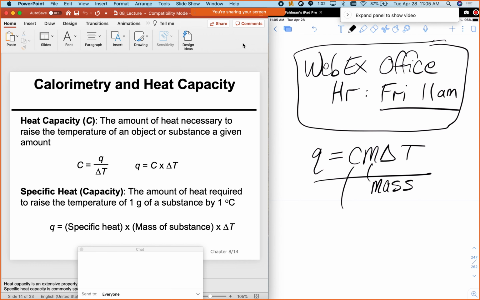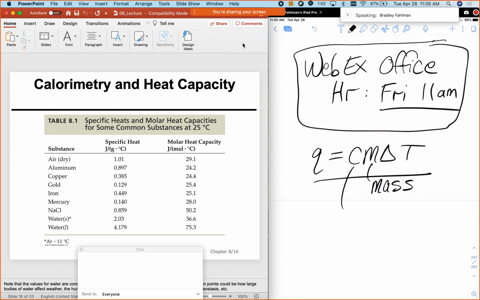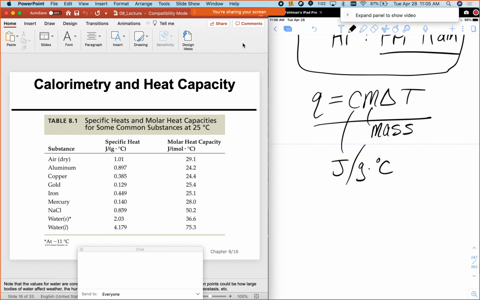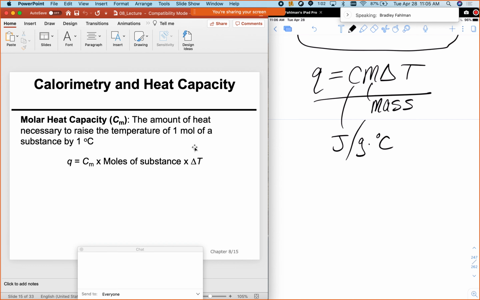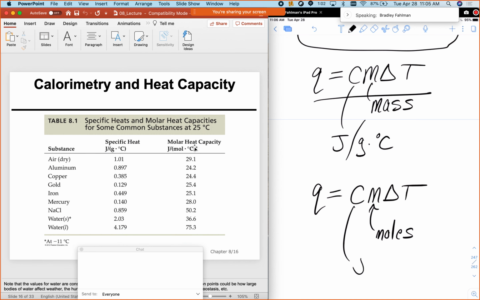So the unit for that would be joules per gram degree C. But if you're given molar heat capacity, that's just the same equation really. It's C m delta T, except this now is moles. Then this unit will be joules per mole degree C.